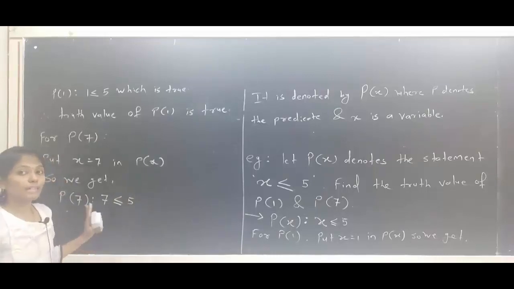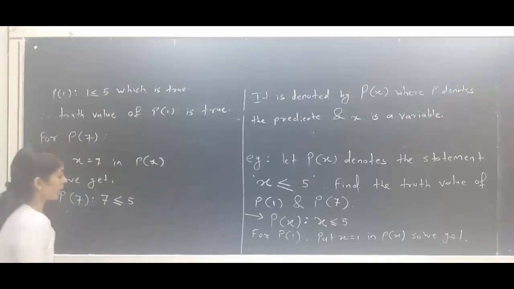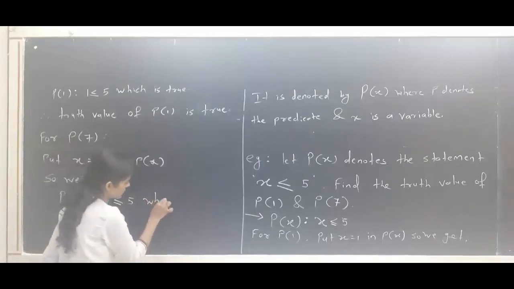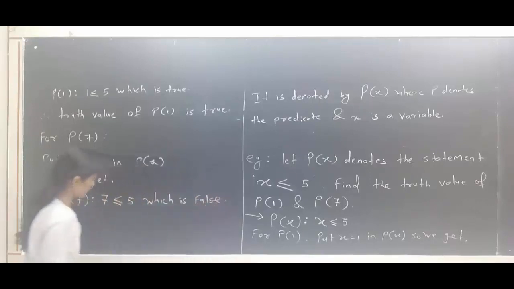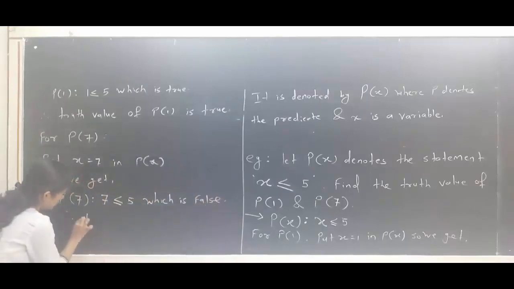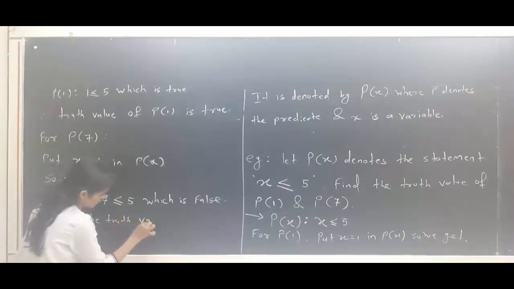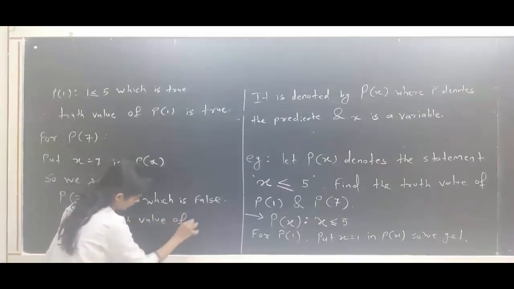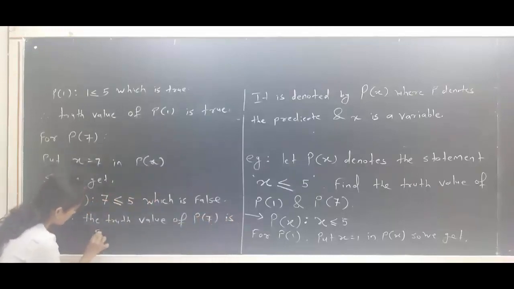And we all know that 7 is not less than 5. It is greater than 5, which is false. Therefore, the truth value of P of 7 is false.